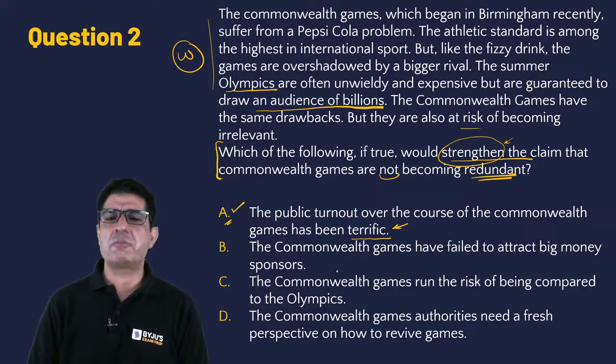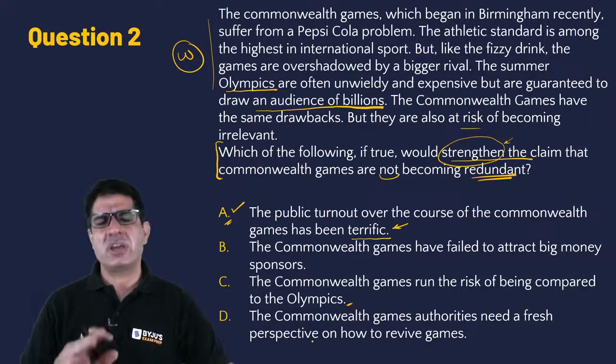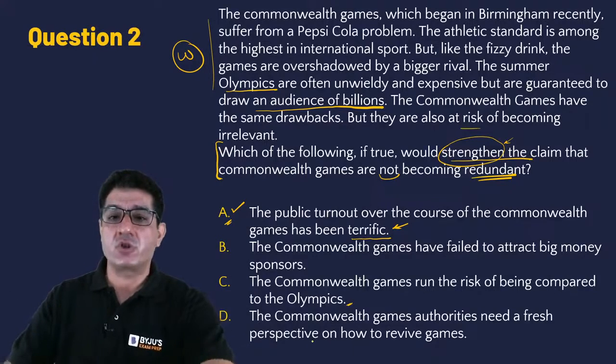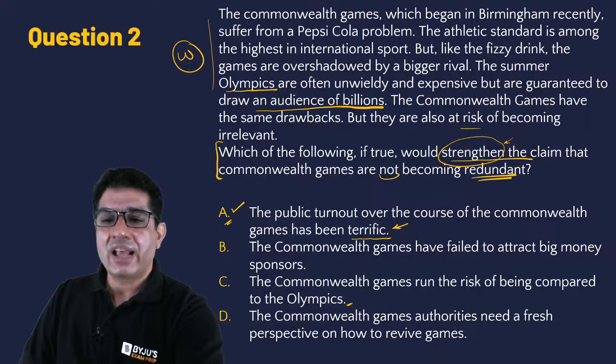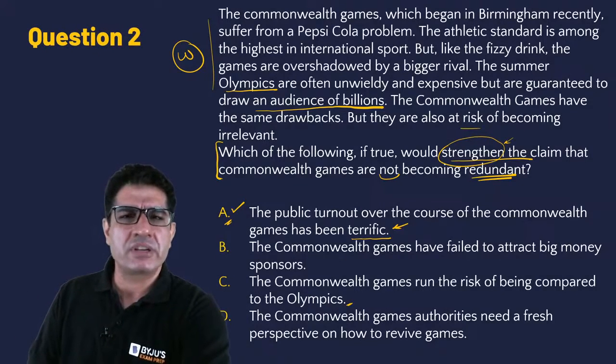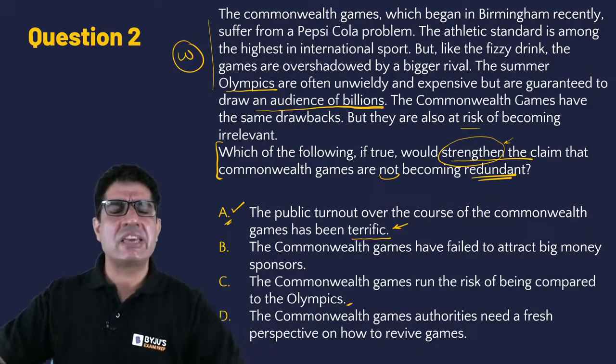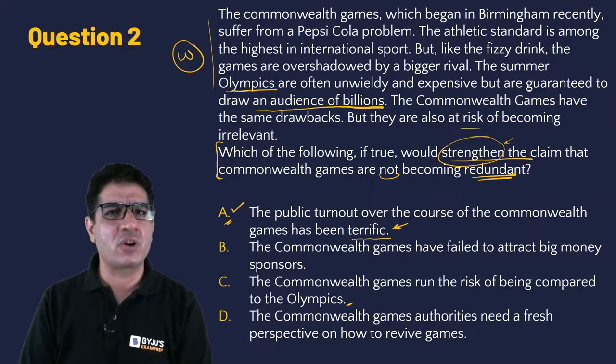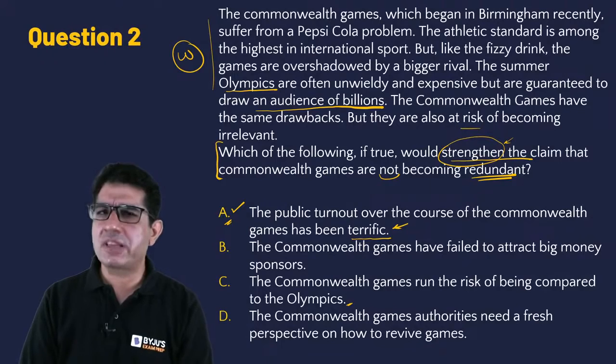The other option that we picked up is C. So let's look at C. The Commonwealth Games run the risk of being compared to the Olympics. Okay, they run the risk of being compared. So if that is true, are the Commonwealth Games irrelevant or not? Are they at the risk of becoming irrelevant or not?